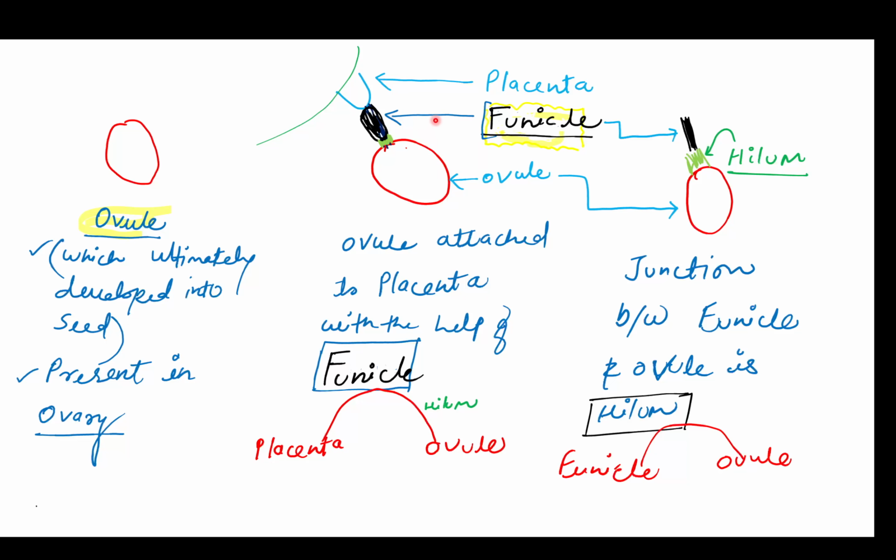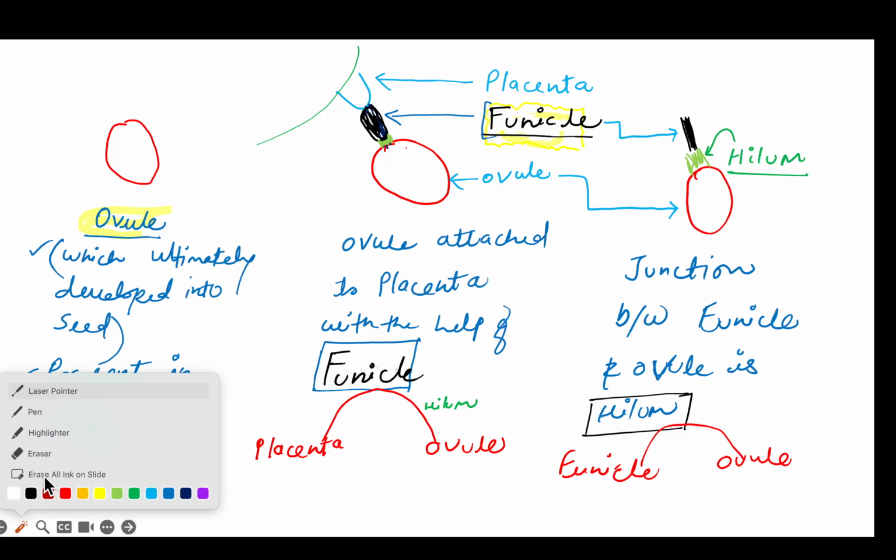Now one more important word. These two words are important, the rest are very simple. Another word is hilum. Now what is this hilum? Hilum is a junction between the ovule and the funicle. Clear? So between the ovule and funicle, what is present? Hilum.